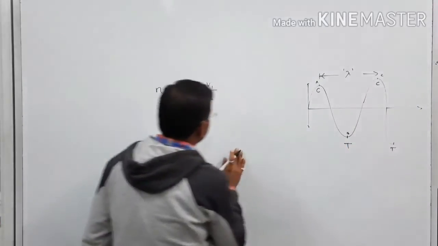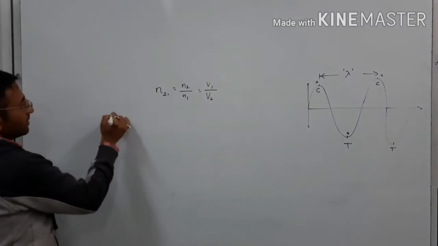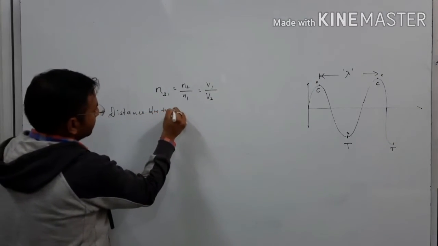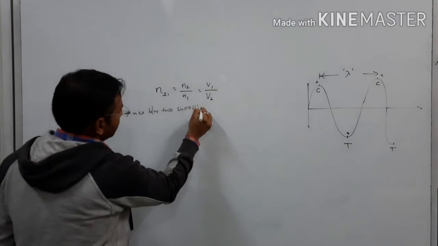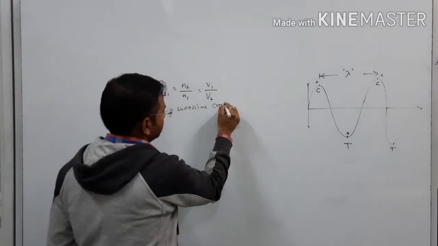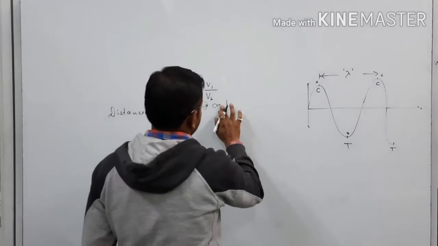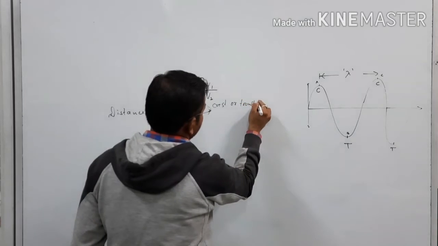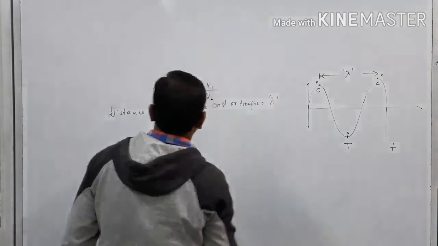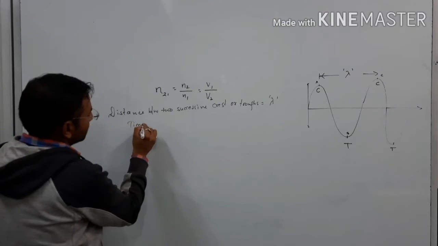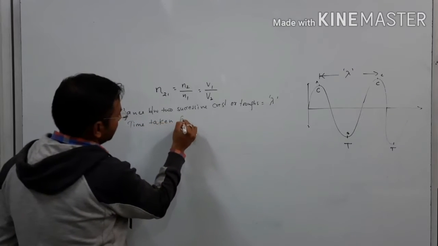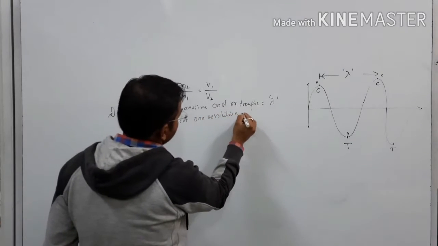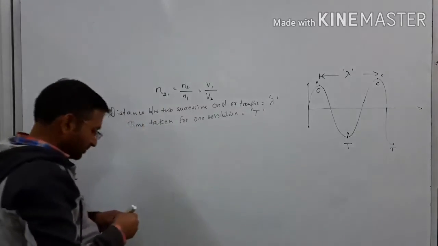So the distance between two successive crests or troughs is equal to lambda, and the time taken for one revolution is denoted by capital T.